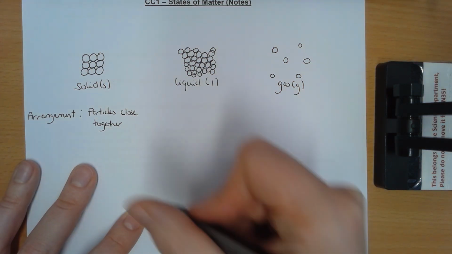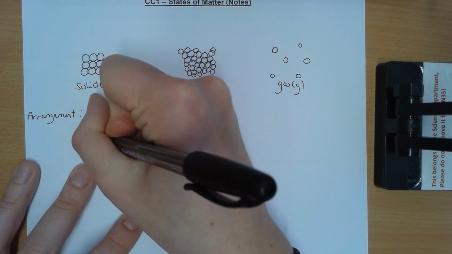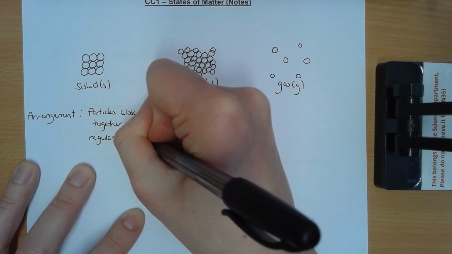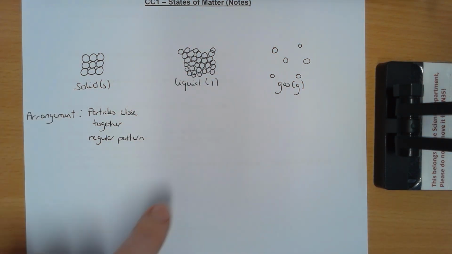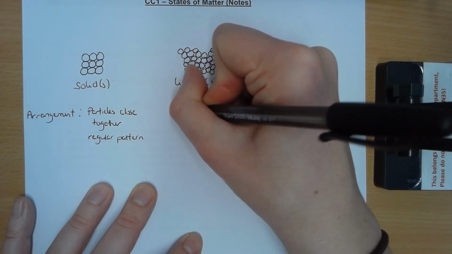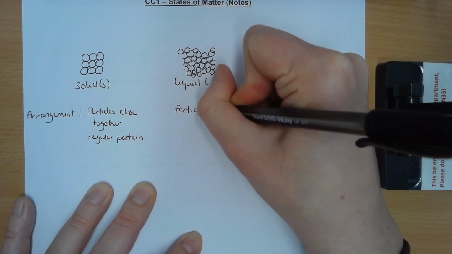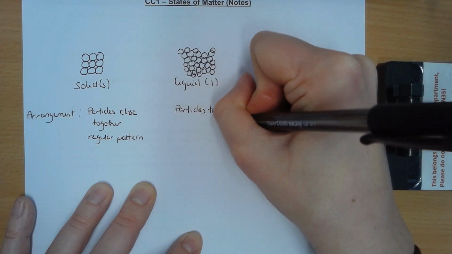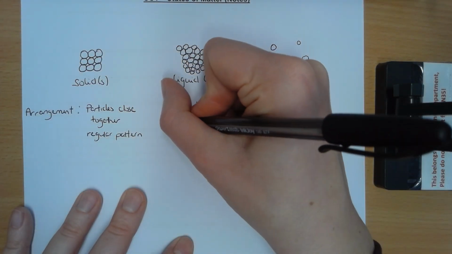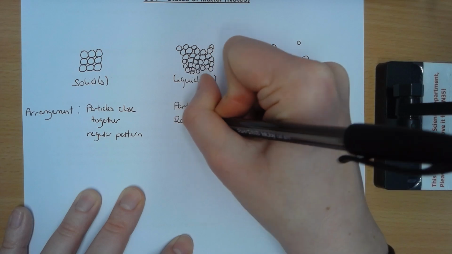And I'm also going to say that they're in a regular pattern, and by that I mean I've got them arranged in 3 neat rows. For a liquid, okay, the particles are still touching. Okay, so I'm going to write here particles are touching, but it's a bit more random. They're not in nice neat rows, so I'm going to say that they are random.